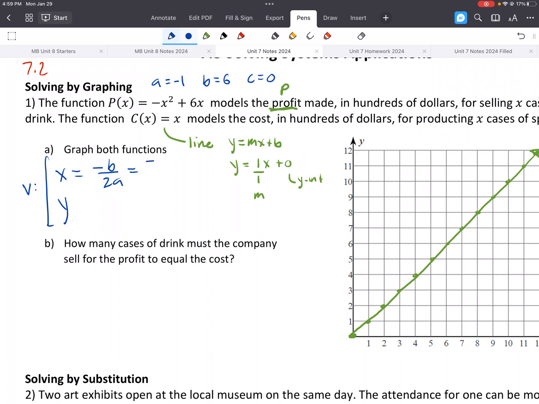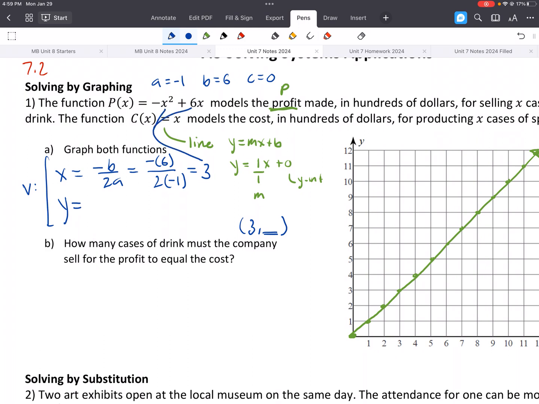So we'll plug that in. We've got negative b, which is 6, over 2 times a, which is negative 1. So we end up getting 3. If that's your x for your vertex, it's 3 comma something. To find that something, we'll plug it into our equation.